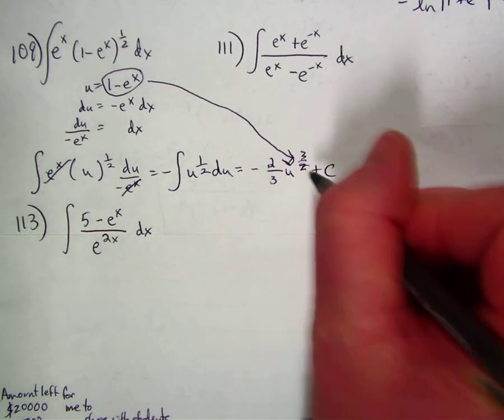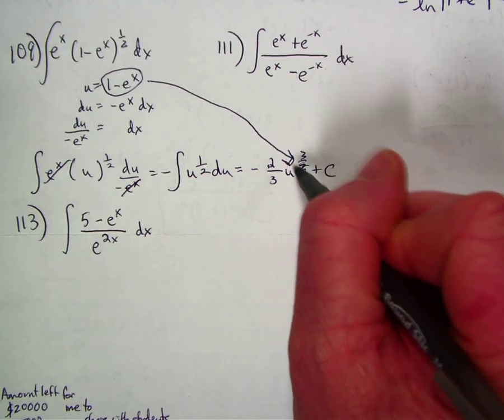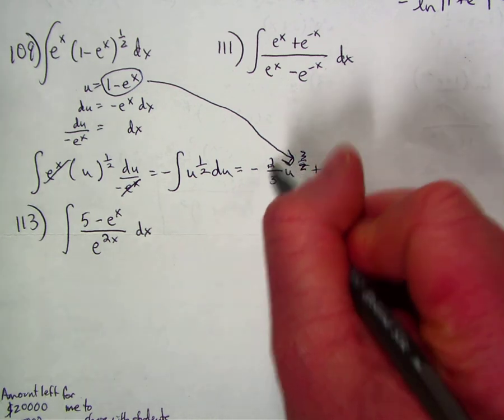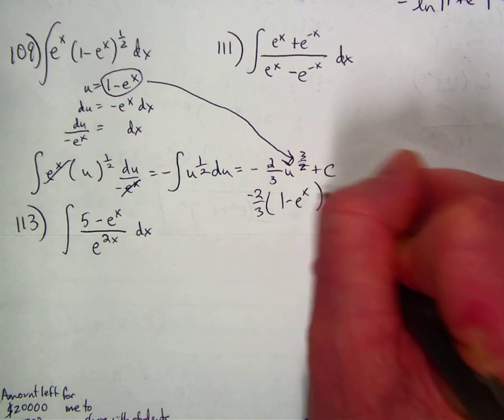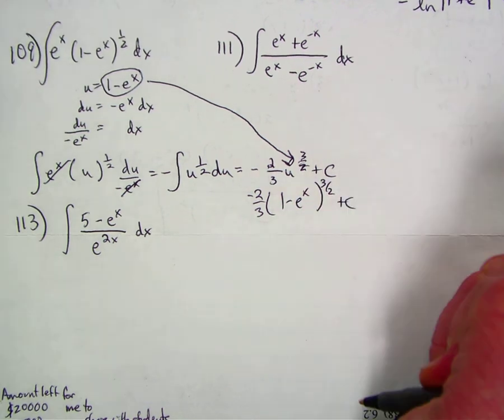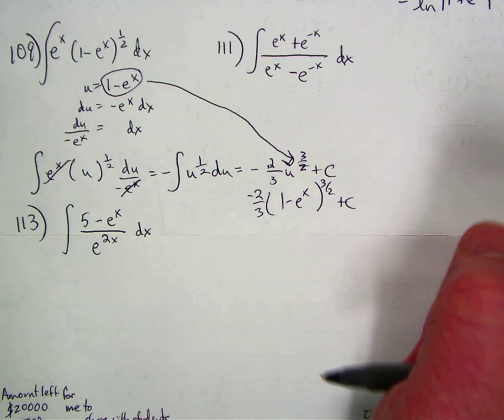So you end up with negative 2/3 times 1 minus e to the x, to the 3/2, plus c. A little tricky.